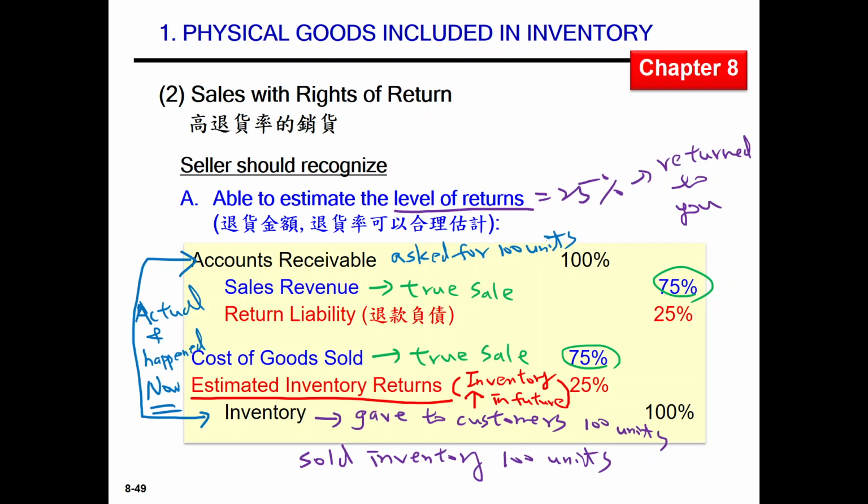That 25% talks about a future event: customers returning inventory back to you.